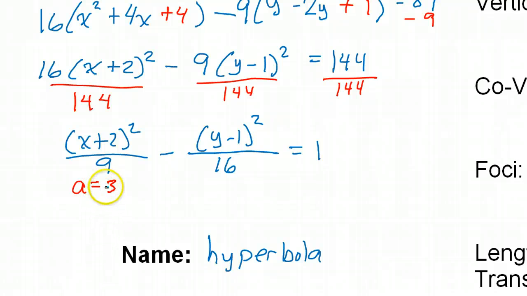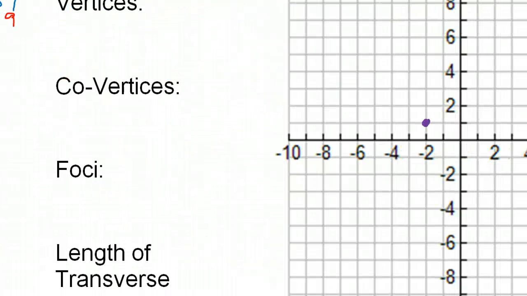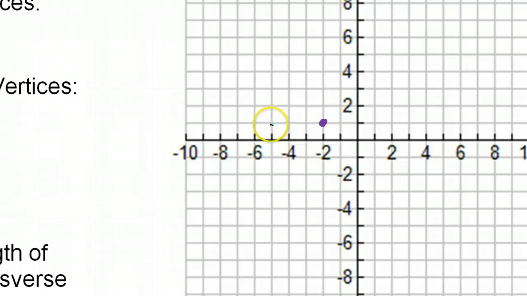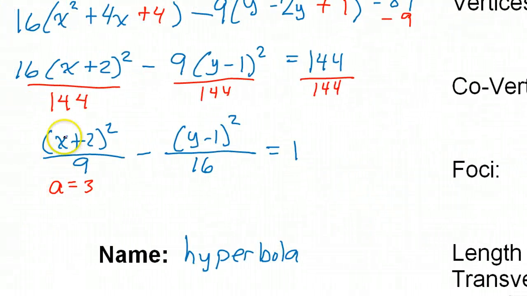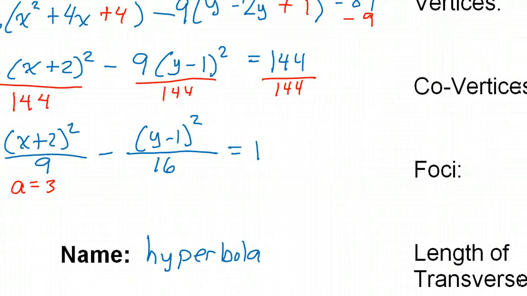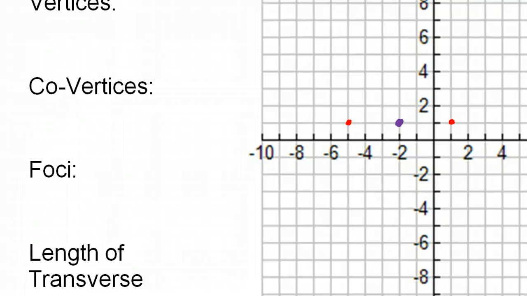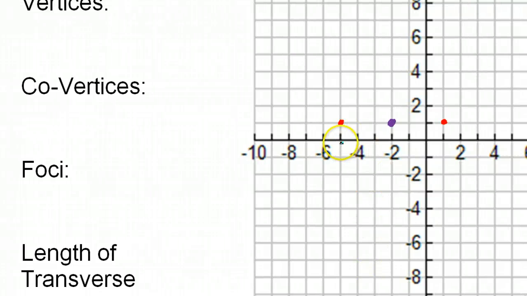So left 3, right 3. Now these are the vertices. Again, if it comes from the first term, the positive term, then it's a vertex. So the vertices are -5, 1, and 1, 1.